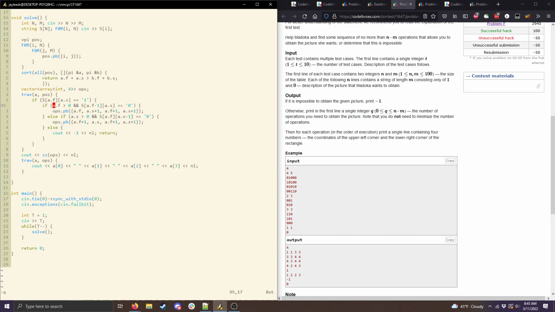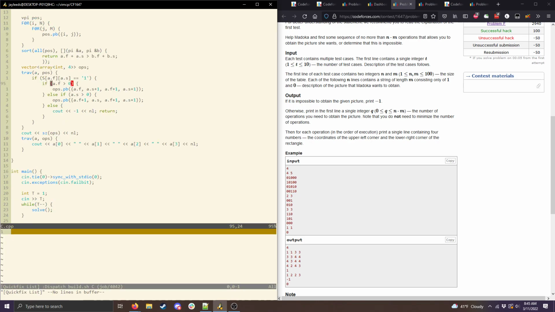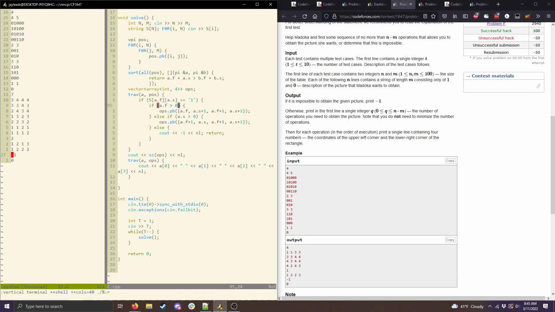These constraints are not necessary. The only bad case is where the top right corner is. Yeah, the only bad case is where the top right corner. So let's see.